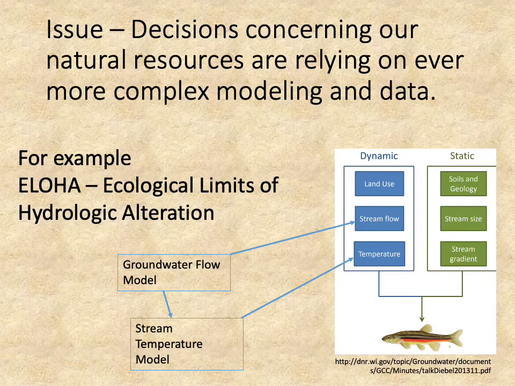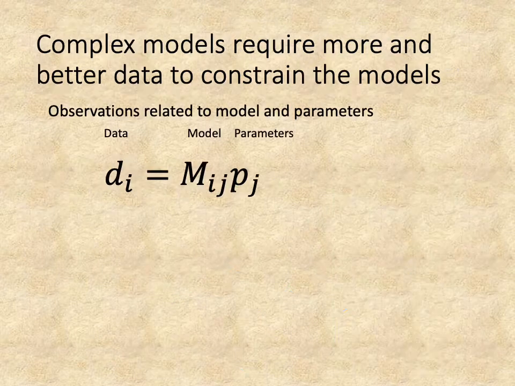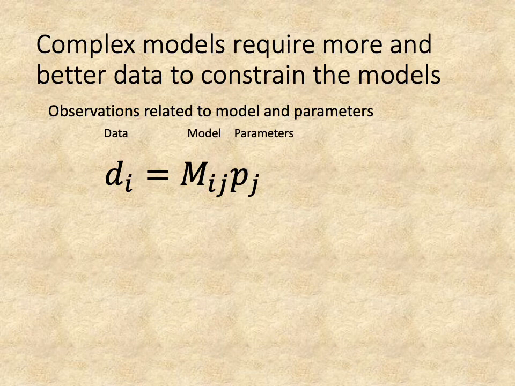For example, if we're going to do some ecological limits of hydrologic alteration, to figure out what happens if we get more recharge or we are stressing some water body by pumping, we may set up a groundwater flow model, and then we may couple that with stream temperatures, and those are going to help us understand how we may affect some wildlife, perhaps some fish, perhaps a trout. So we're looking at models. Those complex models require more and better data to constrain them.